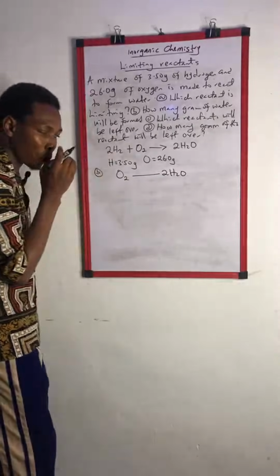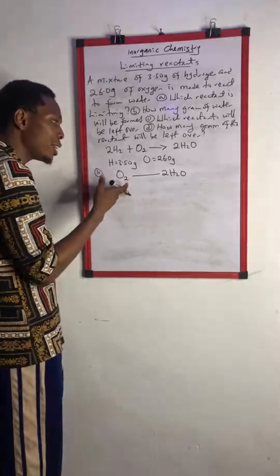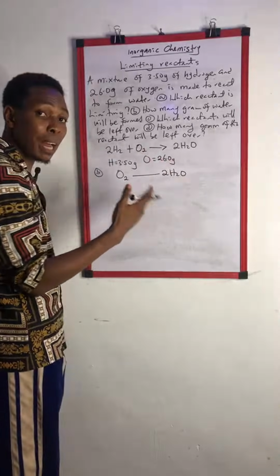So here, you look for the molar mass of this and the molar mass of this. You were given the mass of one, you don't know the mass of the other, so you cross multiply and have your answer.